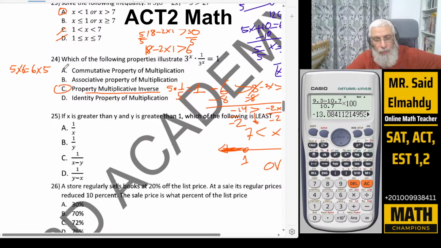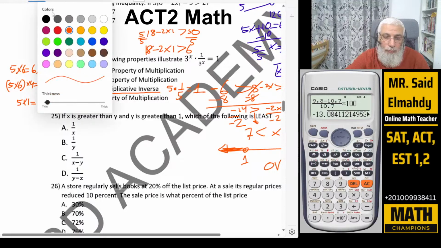Associative property of multiplication: if we multiply 6 times 5 times 4, this is the same as 5 times 6 times 4 between brackets. Identity property of multiplication: if you multiply 5 times 1 equals 5, this is identity. If you multiply by 1, x times 1 is equal to x.